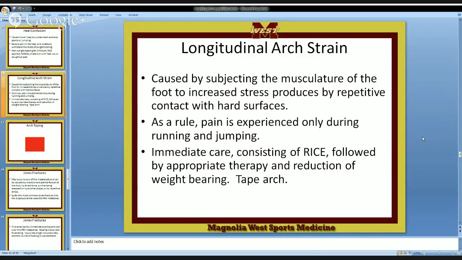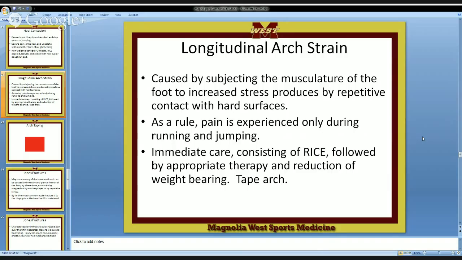Do you know what an arch cookie is? It goes out here and arches up, and then it raises up inside on your arch to help support your arch. If it doesn't have a decent arch cookie in it, you're not getting any help for your arch. As a rule, pain is experienced only during running and jumping.